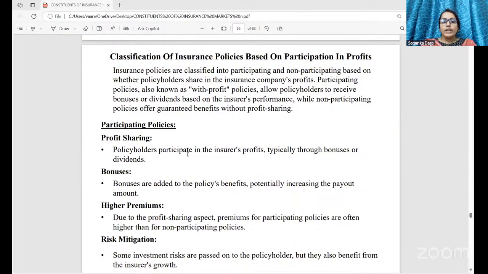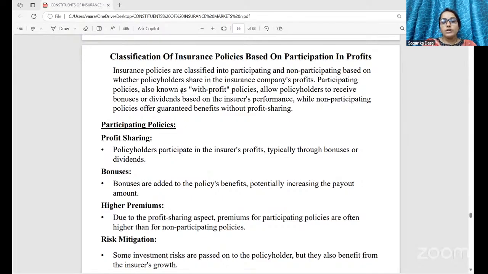Then another set of classification of insurance policies based on participation in the profits. Insurance policies are classified into participating and non-participating based on whether policyholders share in the company's future profits. So based on the participation in the profits, the insurance policies are divided into participating policies and non-participating policies, which decides whether the policyholder has any share in the company's profits or not.